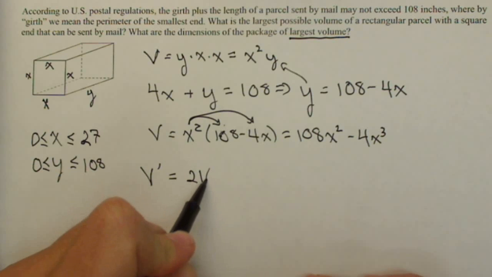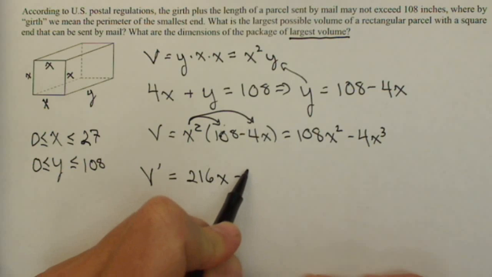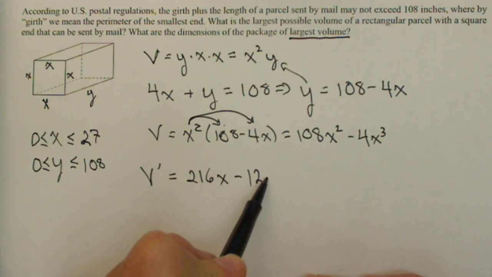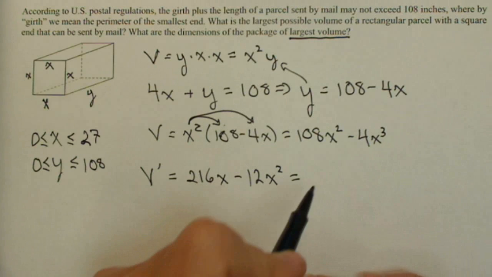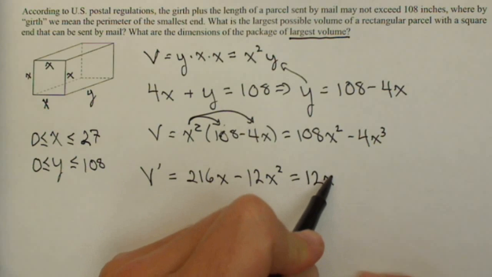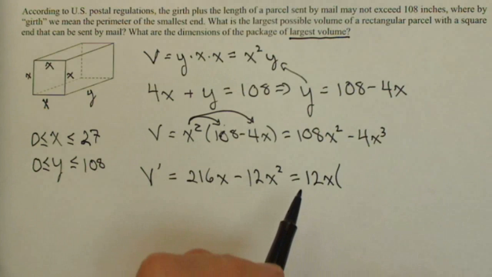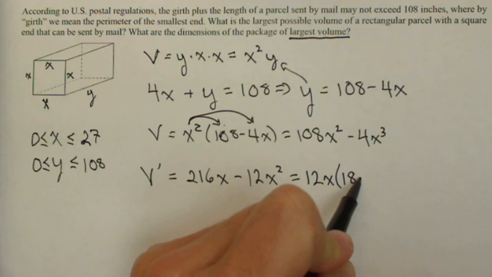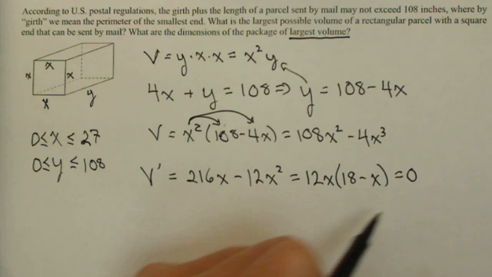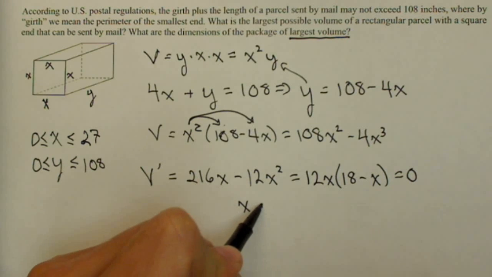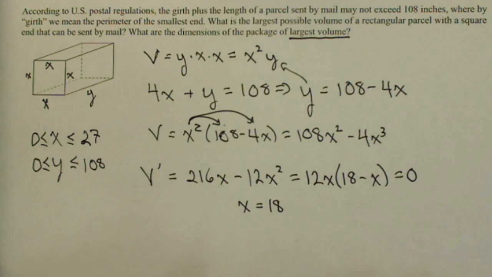It's going to be 216x minus 12x squared. And we'll factor as much as possible. So we can pull a 12x out of both terms. And that leaves us with 18 minus x. So when I set that derivative equal to 0, I've got a critical point at x equals 18.